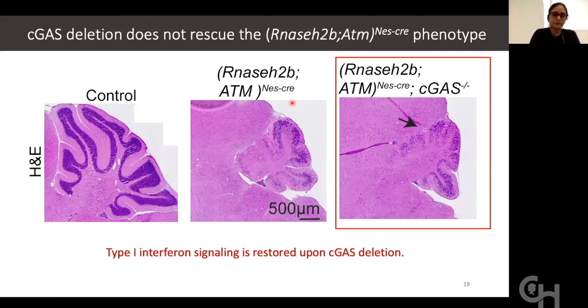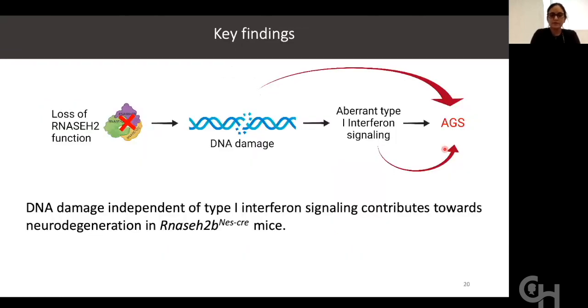Our data suggests that DNA damage, independent of type 1 interferon signaling, is driving the neurological phenotype. Based on our work in mouse models, we think that in addition to aberrant type 1 interferon signaling, other factors such as DNA damage can drive certain aspects of AGS pathogenesis.